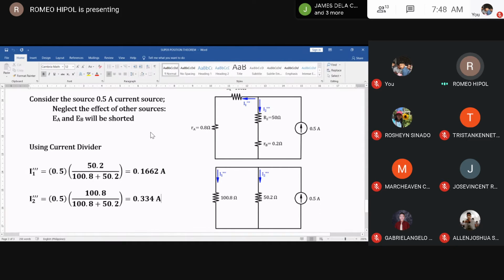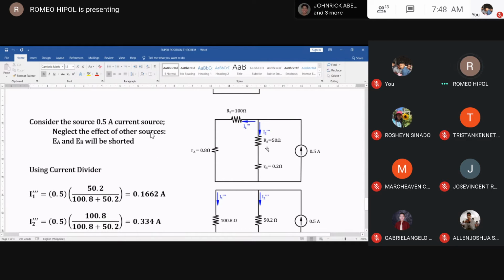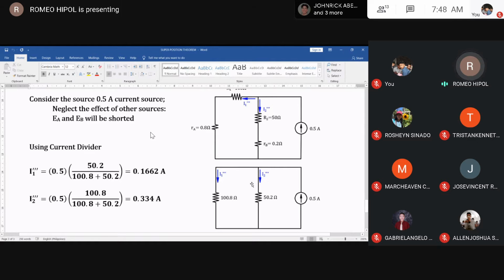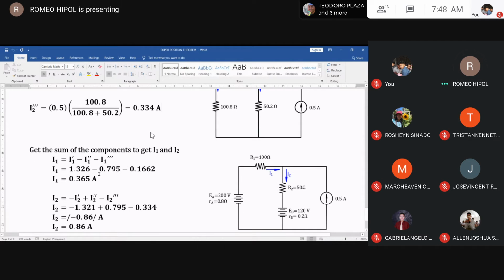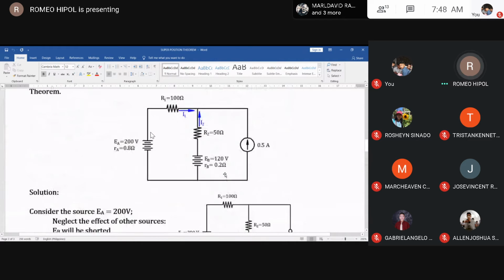Okay, next step. Since we have the following current value with the equivalent current direction with respect to 0.5 ampere current source, we can now get the equivalent sum of the components for resistor R1 and R2. So to get the algebraic sum, for R sub 1, check nyo yung direction.